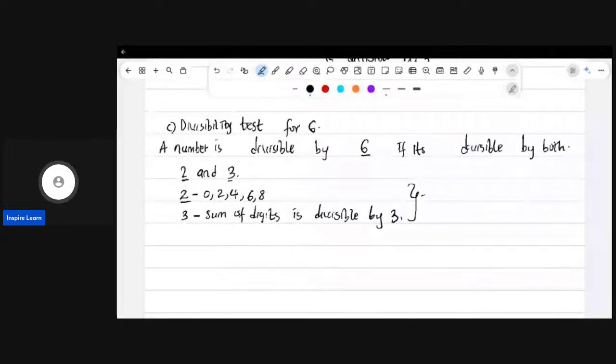So let's have an example. A good example will be, we have examples here.